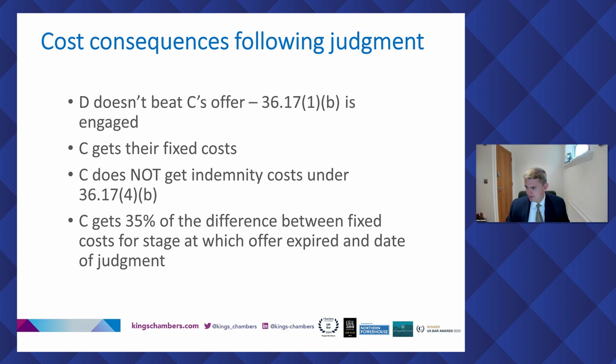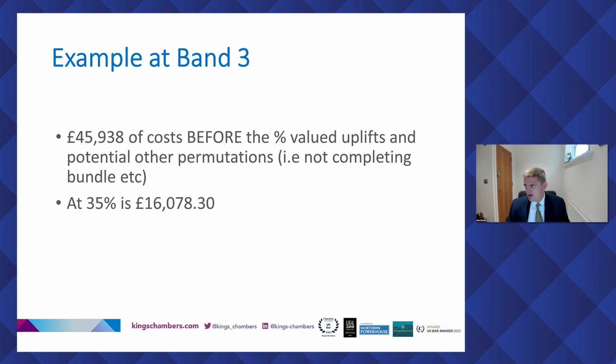So looking at an example, I've done an example here on band 3 complexity, which, pausing there, is where I expect a lot of litigation on the intermediate track to be. Obviously still relatively early days in terms of that. There hasn't been, certainly in my practice, an awful lot of allocation hearings specifically focused on the intermediate track allocation in terms of the bands.